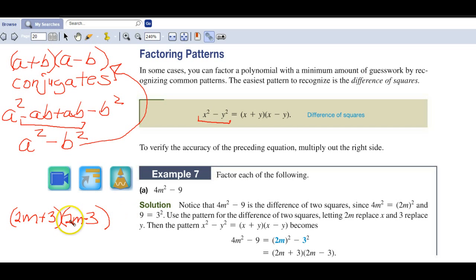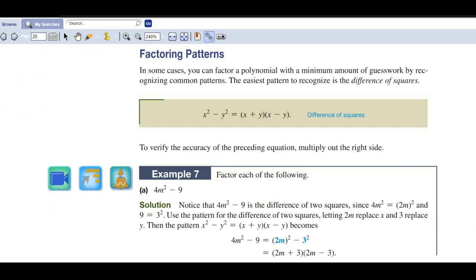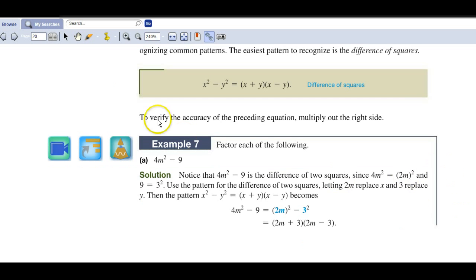And you can check by the FOIL to see if it's correct, and it is. These are conjugates. If you see the difference of perfect squares, they factor into their conjugates. Let's go on here.